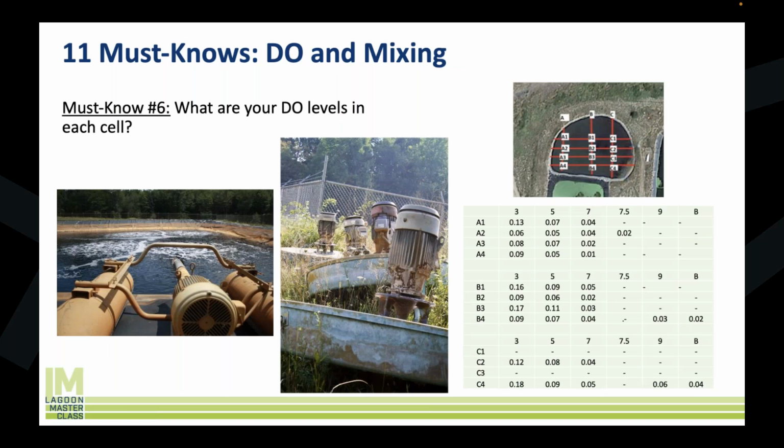So we could understand, is this well mixed? Is the DO changing? Is there a big amount of variability between depth and location for DO readings? And then what the actual average dissolved oxygen is within the lagoon itself. So really important thing to know, and this can change throughout the year.